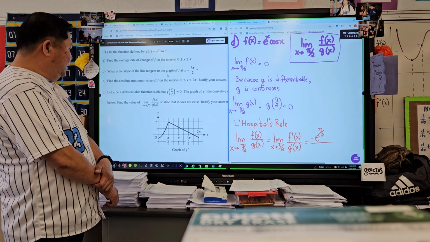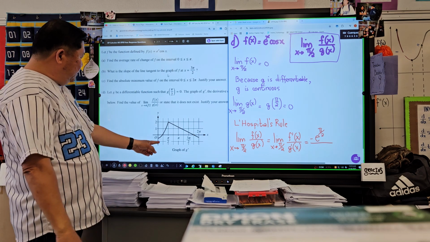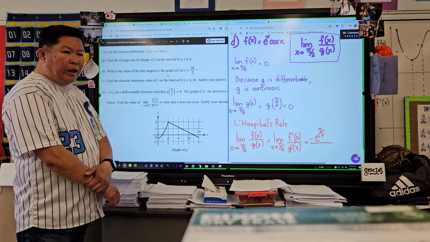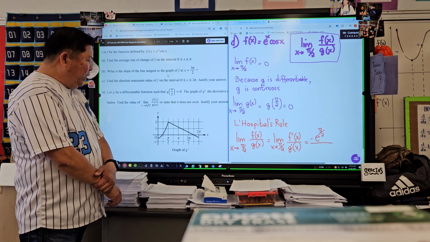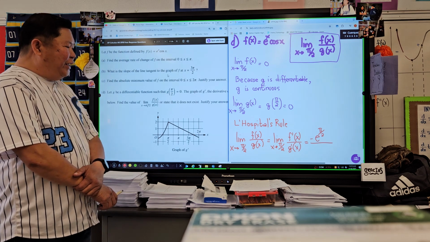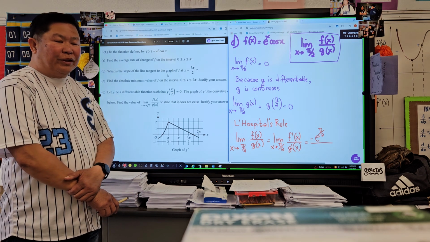Oh no, we put in pi over 2 instead of 3 pi over 2. She's asking us to look at the equation. So e to the power of pi over 2.